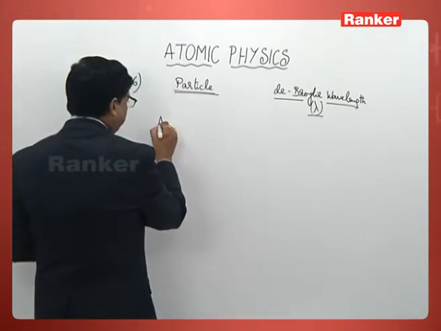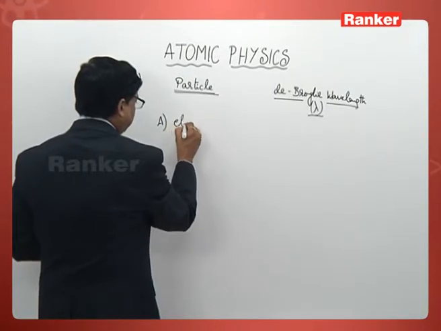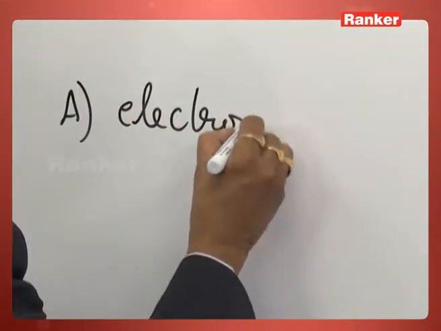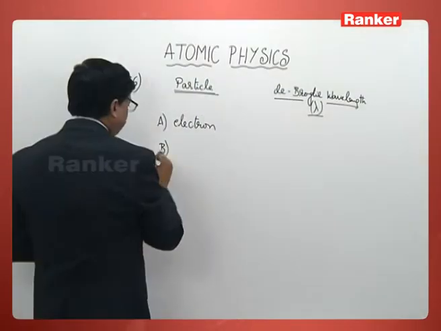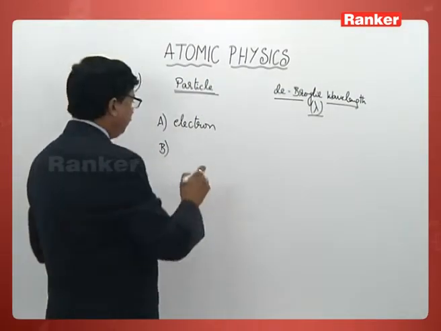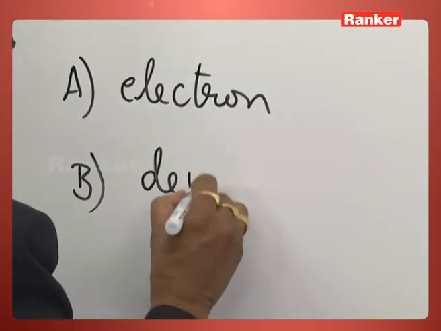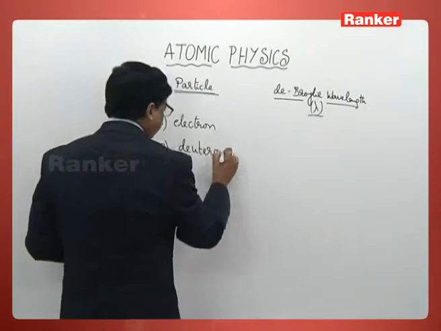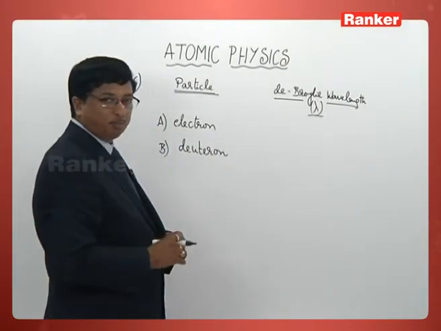The very first particle he has given us is electron. The second particle is deuteron, the ion of deuterium, which is the isotope of hydrogen.